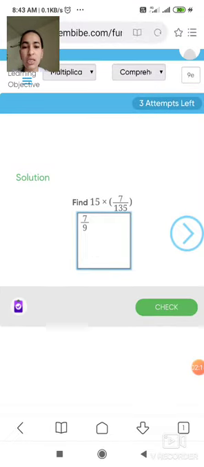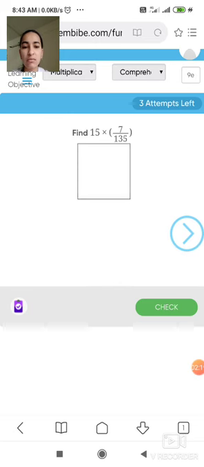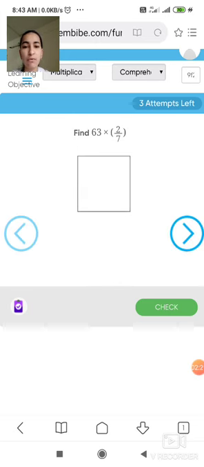Let's take another example. The next question is find 63 multiplied by 2 by 7. Now you can see in the table of 7, 63 is there. 7 ones are 7, 7 nines are 63.